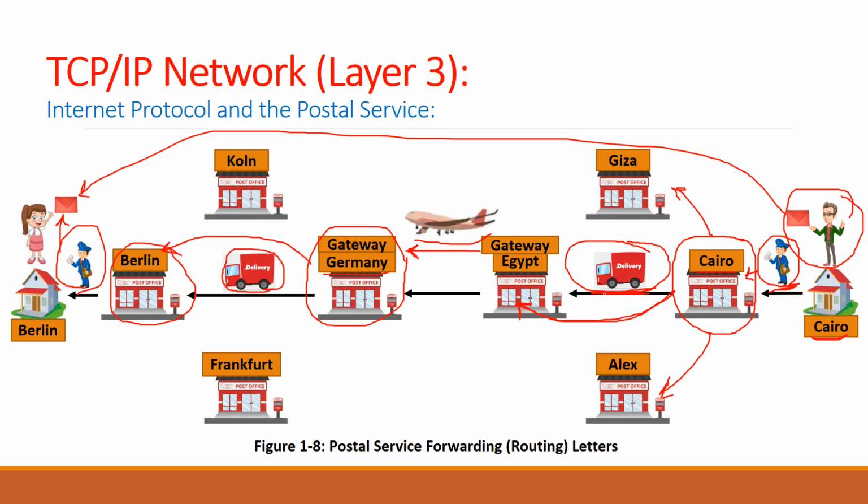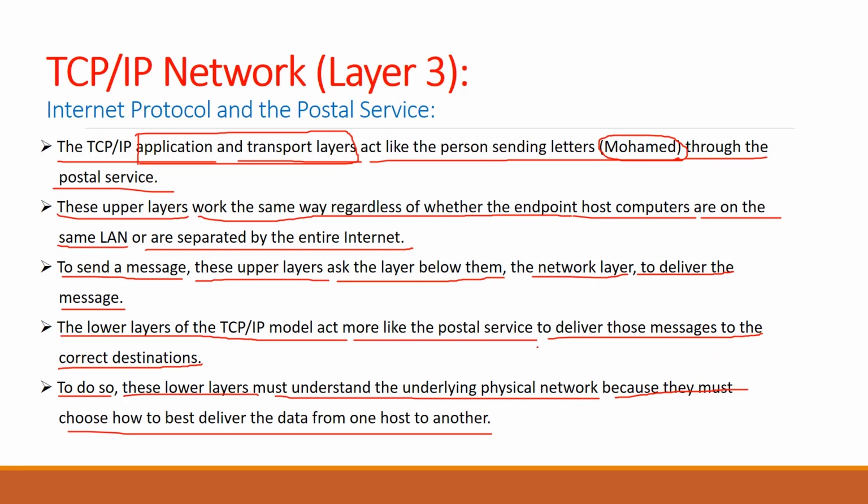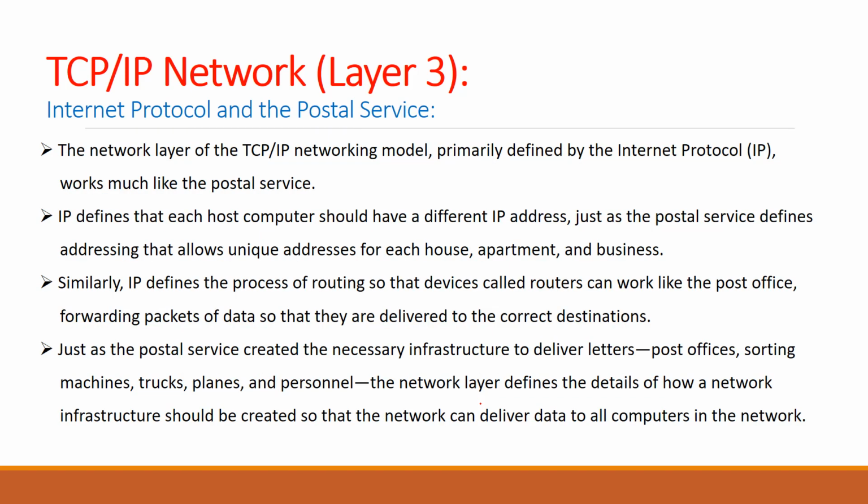This is how the data link and the physical layer work in the TCP/IP networking model, but we are focused here on the network layer that does the routing process. The network layer of the TCP/IP networking model, primarily defined by the Internet Protocol, works much like the postal service.